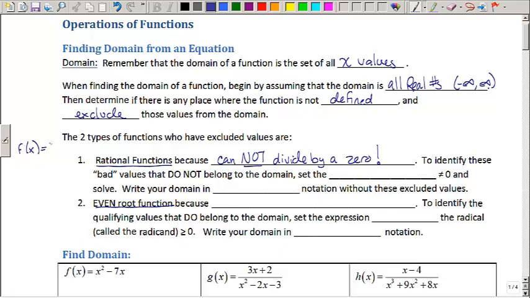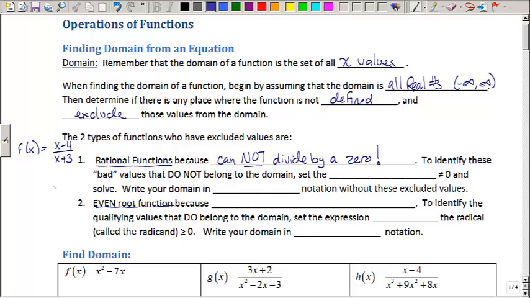If I give you an example, f of x equals x minus 4 over x plus 3, this is a rational function because we have an x in the denominator. Whenever you have an x in the denominator, and because x is a variable and it can change, we have the possibility that when you plug in a value for x, we might get a 0 in the entire denominator, and that's not okay.